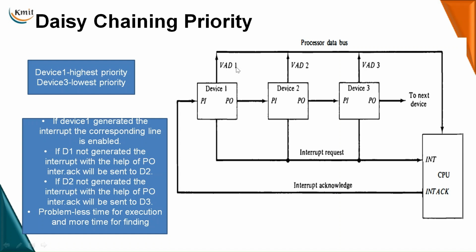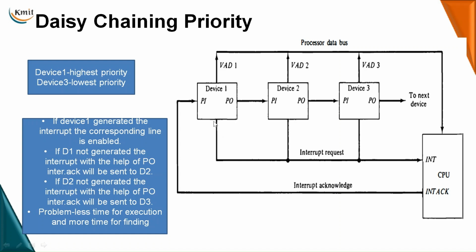Device 1's vector address is called VAD1, device 2's vector address is VAD2, and so on. All the vector addresses are connected to the CPU through the data bus. For example, this is how daisy chaining works: if a device has generated an interrupt, the corresponding interrupt request line will be enabled.